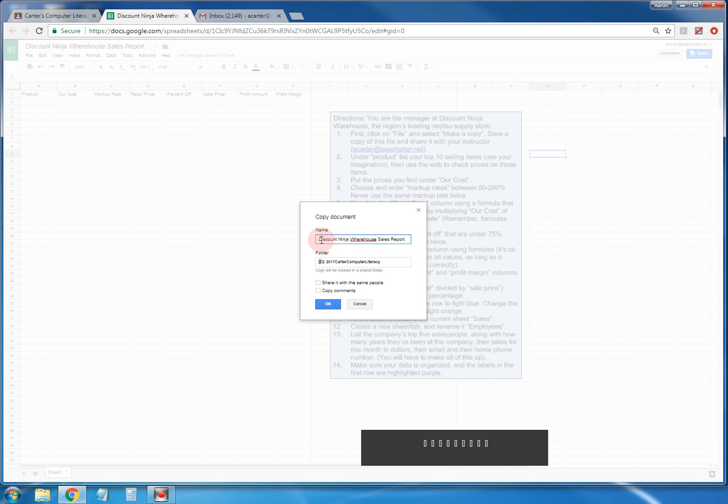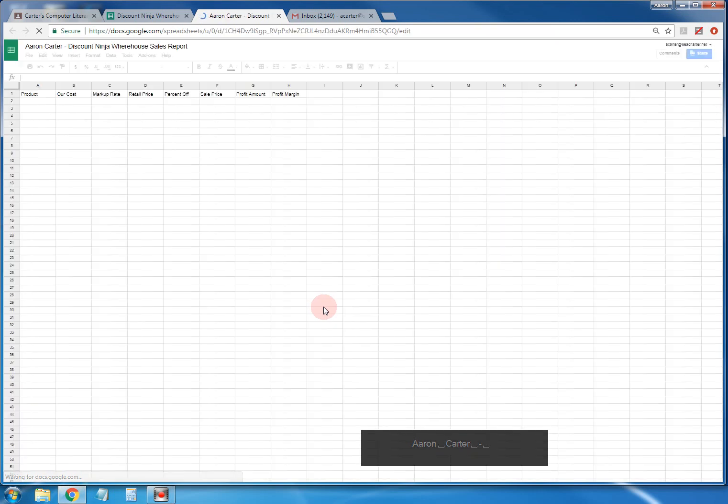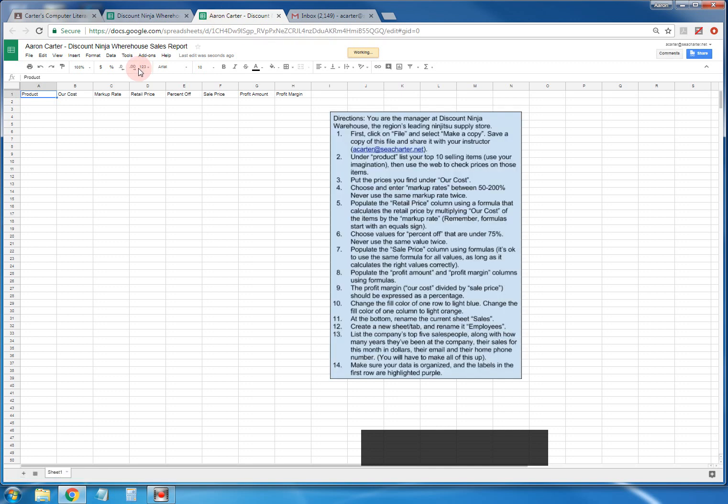You don't need to say copy of Discount Ninja Warehouse, but it might be a good idea if you said your name here, because remember, you're going to share it with me. And click OK. And then it's going to give you another spreadsheet that looks exactly the same. This one you can edit and change with wild abandon.